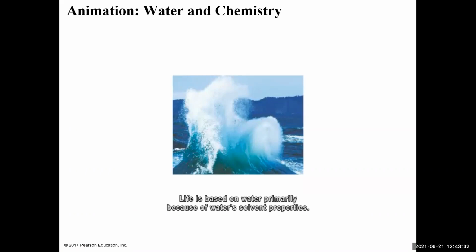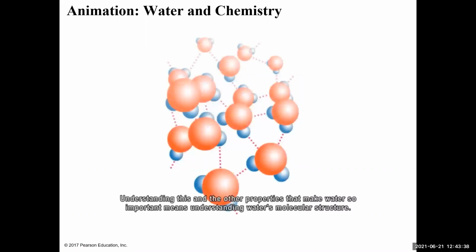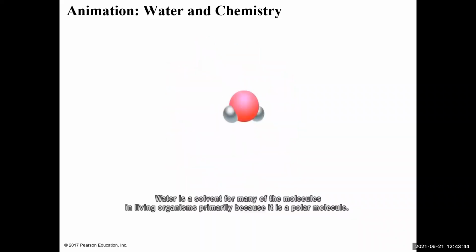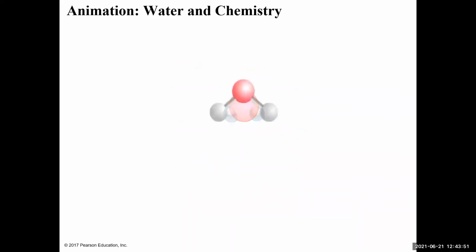Life is based on water, primarily because of water's solvent properties. Understanding this and the other properties that make water so important means understanding water's molecular structure. Water is a solvent for many of the molecules in living organisms, primarily because it's a polar molecule.